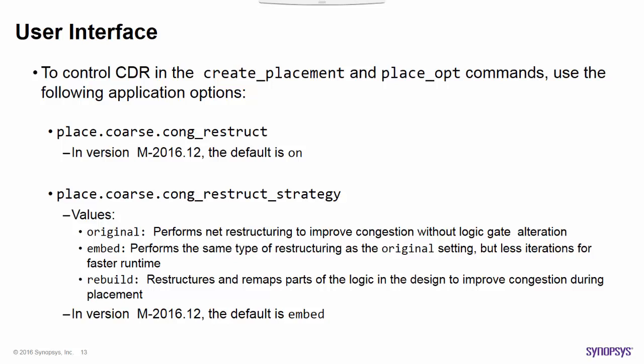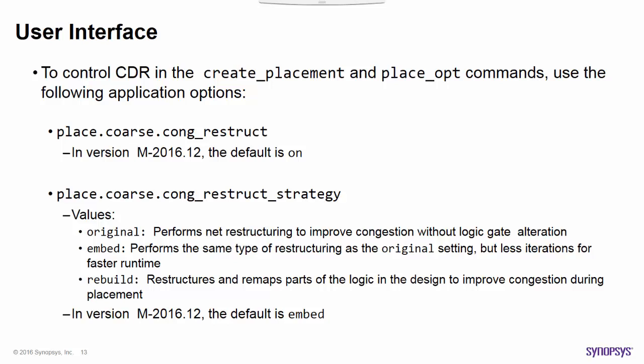If the user sets the value as embed, it will perform the same type of restructuring as original but with fewer iterations for fast runtime. If the value specified is rebuild, then the net restructuring and also remapping of the logic cells will be performed.